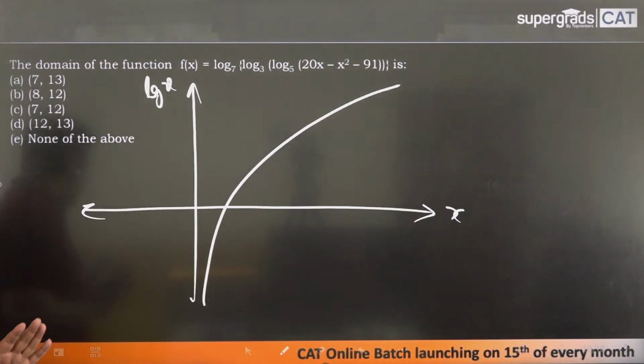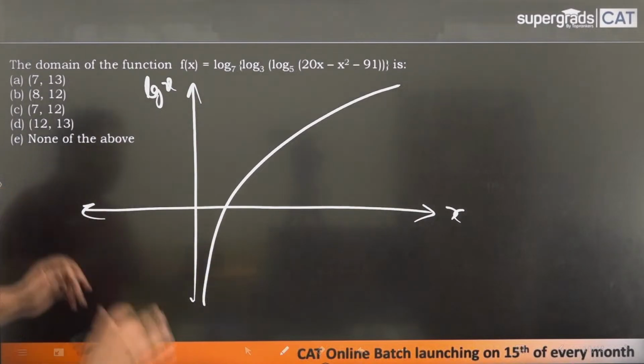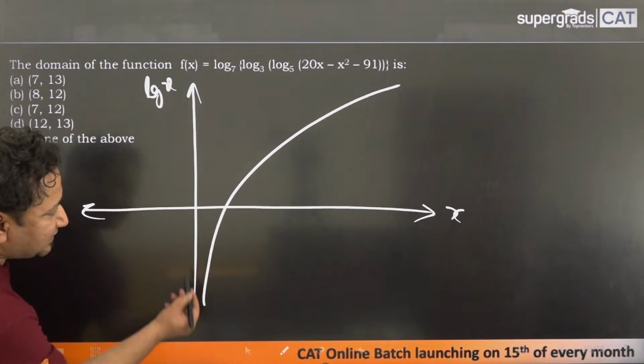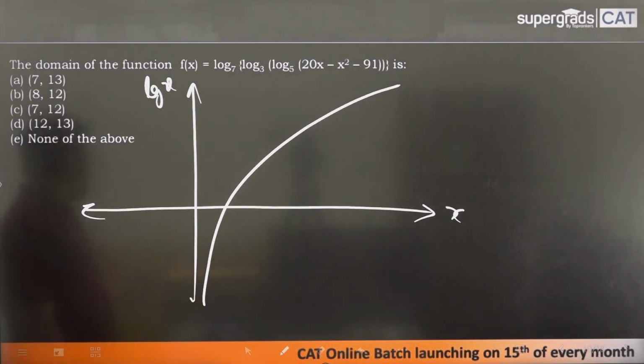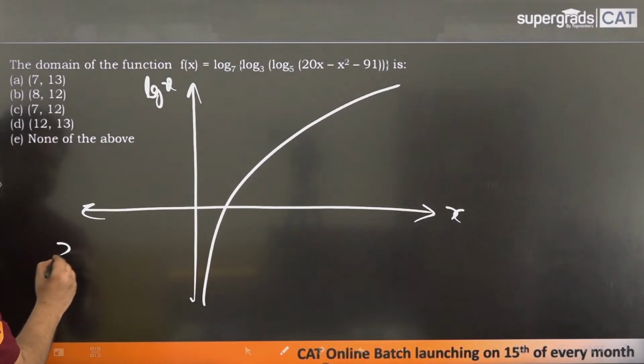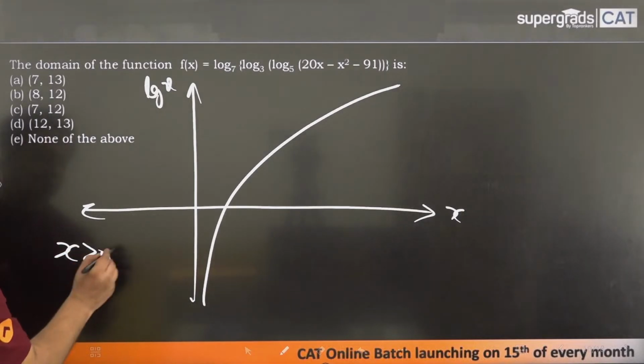Can we say that? Log of negative values does not exist. And moreover, if you see that this graph is not even touching y-axis, that means the x cannot even be 0. तो सीधी सी बात है, looking at this graph, we can say that x has to be greater than 0.